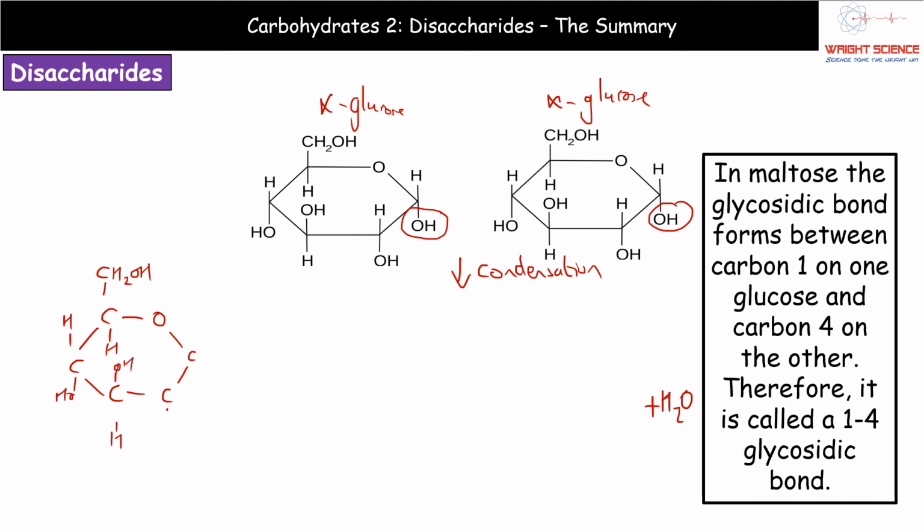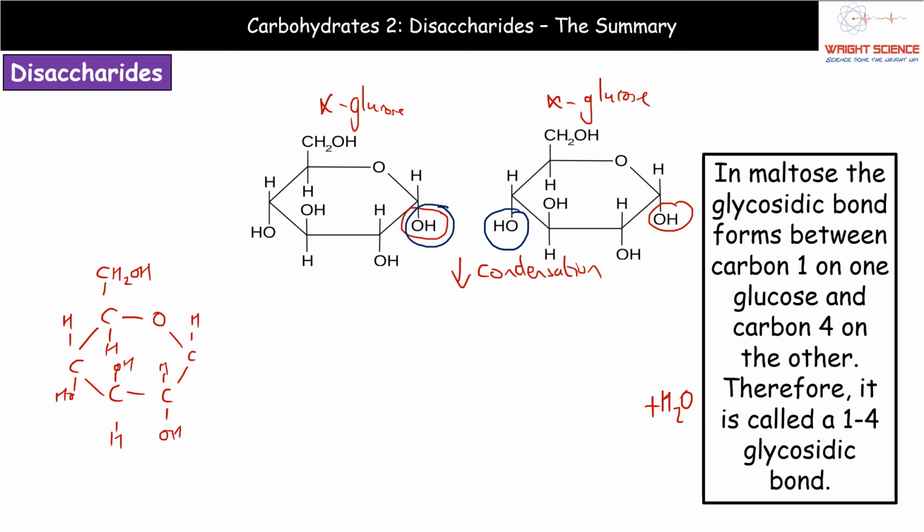So once we've got this, for our first one, we're only going to draw the one at the moment, then we're going to have a situation where something's going to happen, and I'll just change my pen colour, with this hydroxyl and this hydroxyl group. So we've got our two monomers and they need to join together.